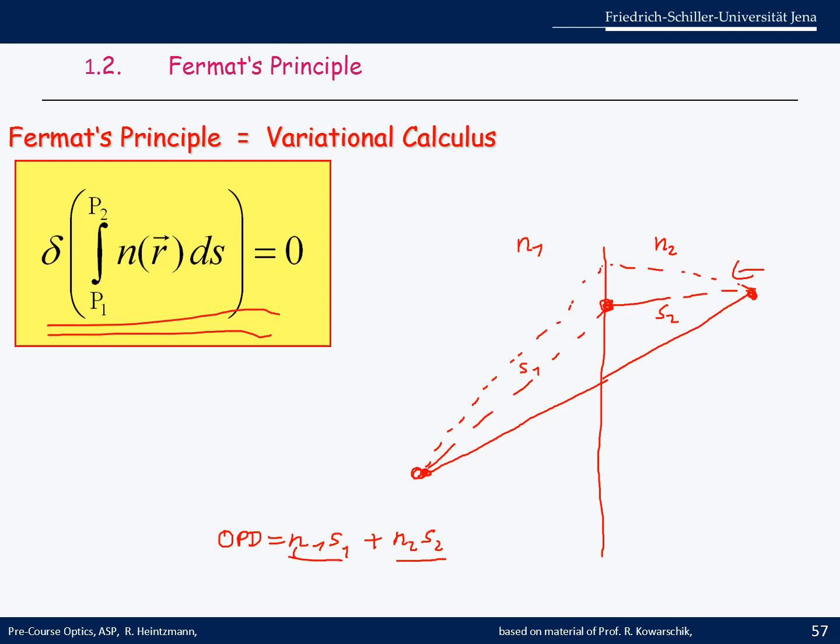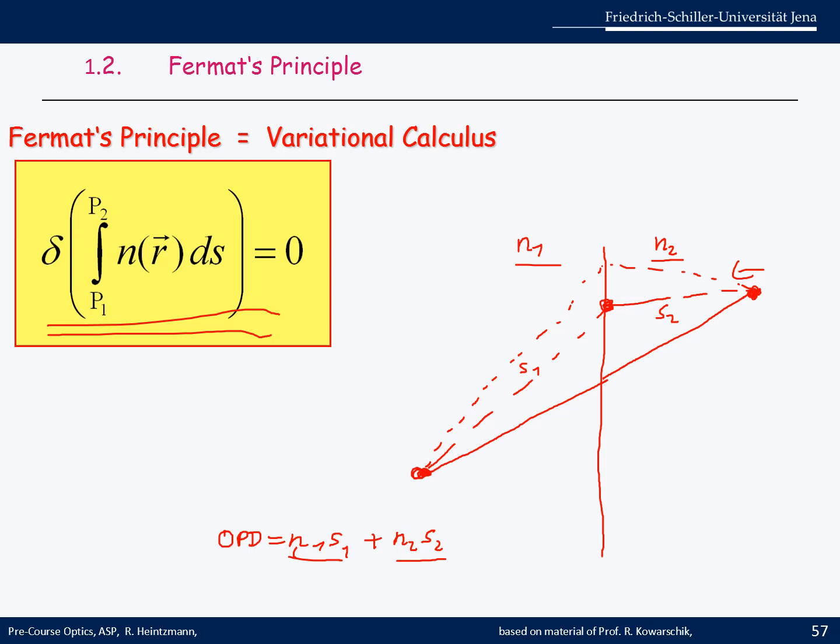Actually, this is analogous to a situation that works like this. Imagine you are here and you want to get to this position. Let's say N1 is the beach and N2 is the water, and you want to rescue a swimmer there. Do you run straight to the shoreline and then swim the rest?